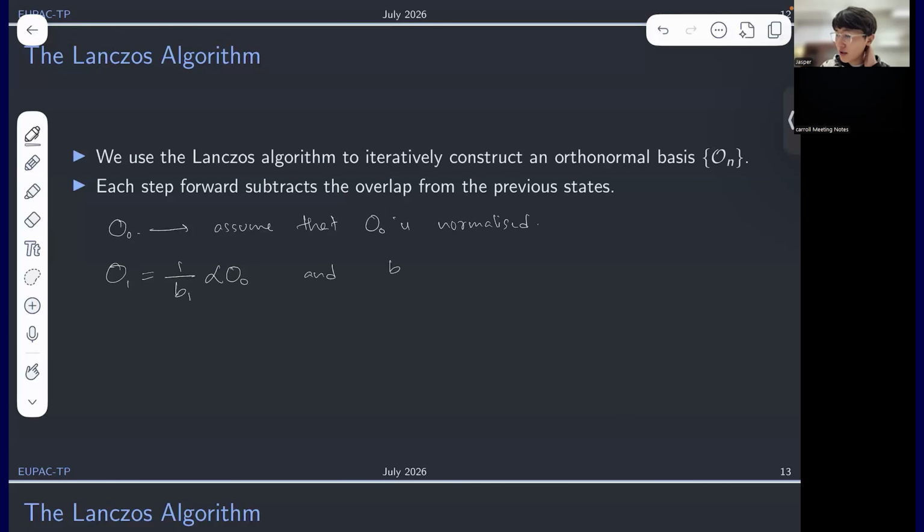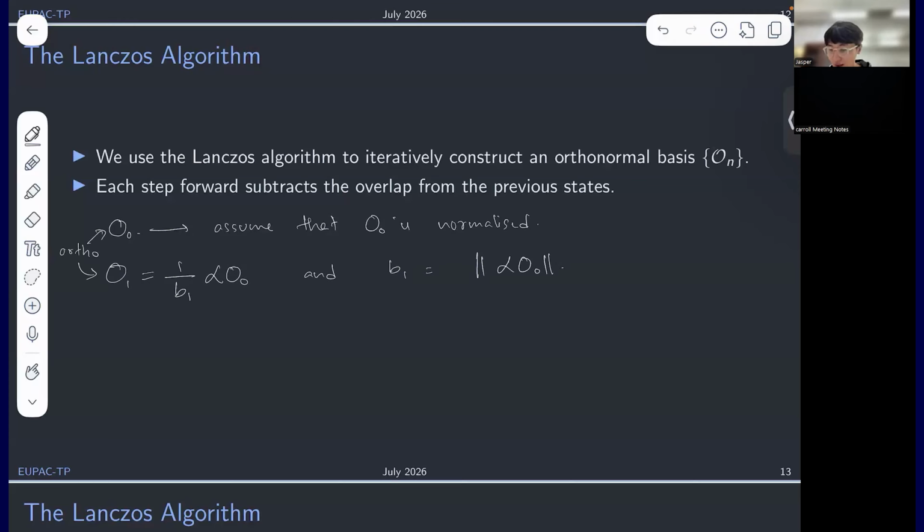And here B1 is the norm of L O0, right? This is just normalization. As I have proved above, these two are orthogonal to each other.